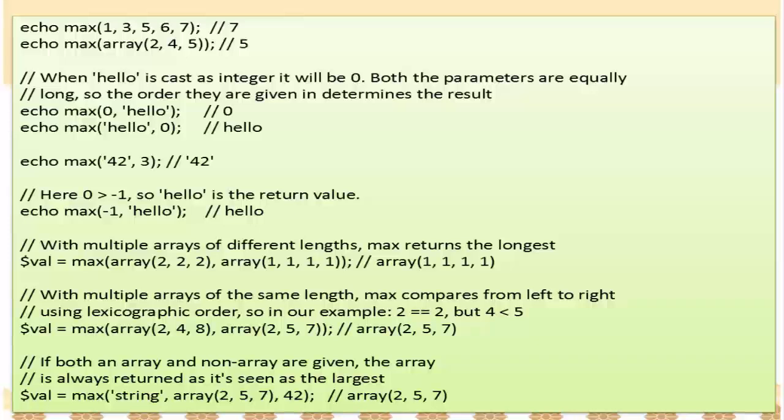Suppose you have numbers like 1, 2, 3, 4, 5, 6, 7. Ordinarily, if you ask what's the maximum among them, it is going to be 7. Suppose you have an array with the numbers 2, 4, 5. Even though it looks like this, it's actually an array with values inside it.